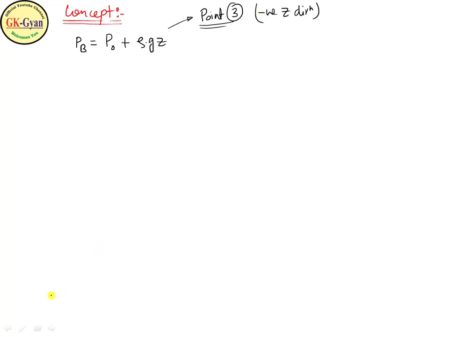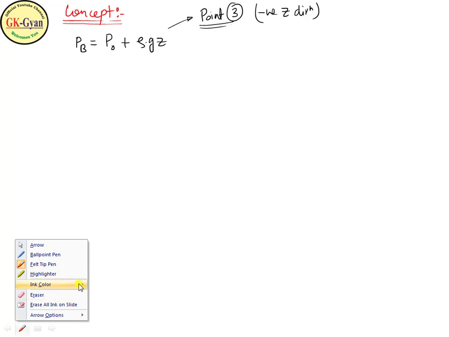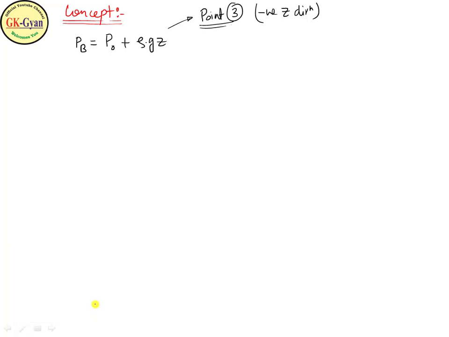So here, in general, rho Gz is called pressure due to column of fluid. Pressure due to column of fluid, rho Gz.